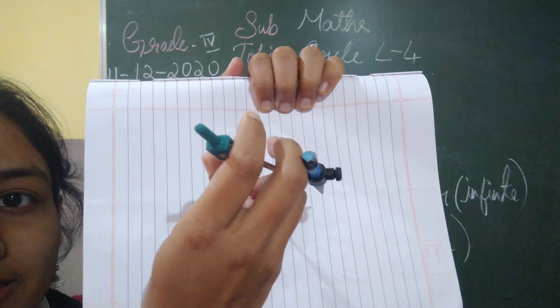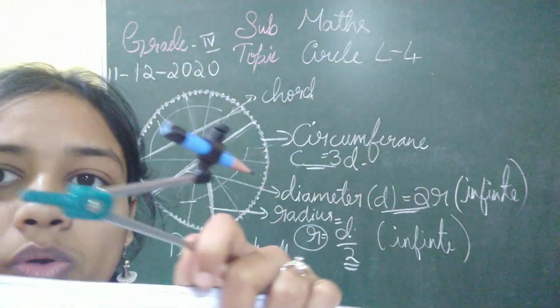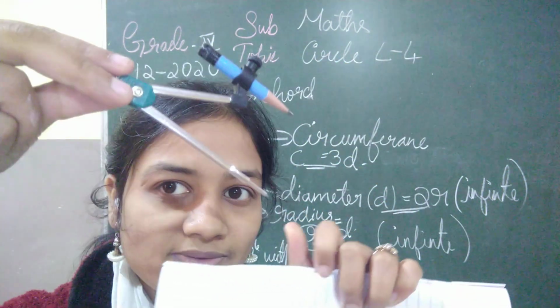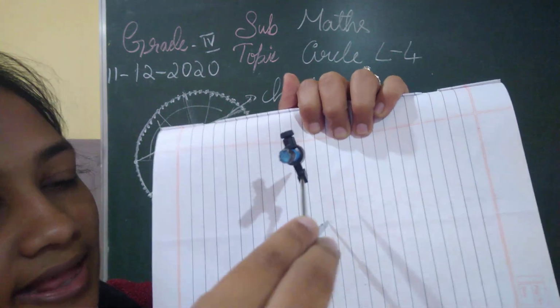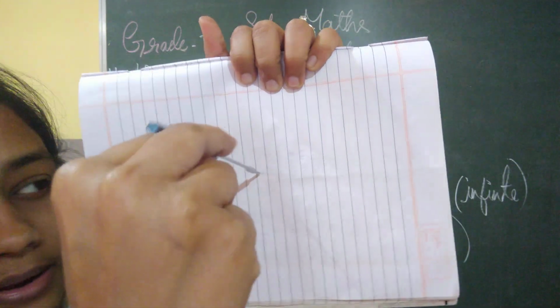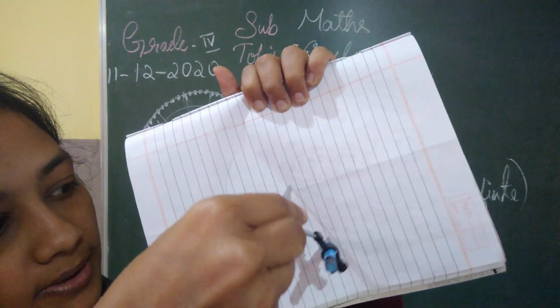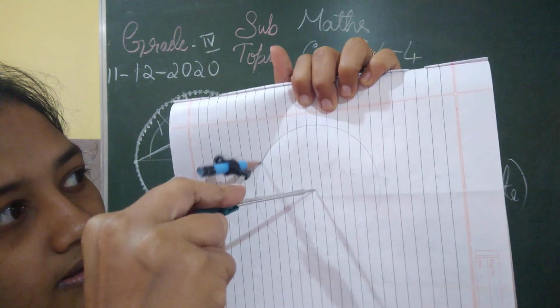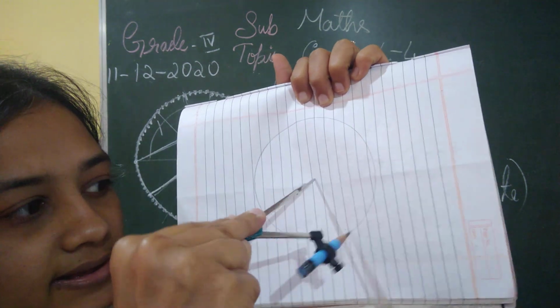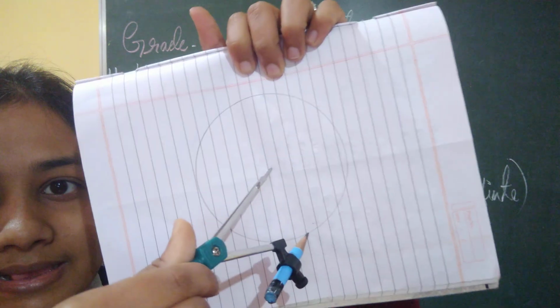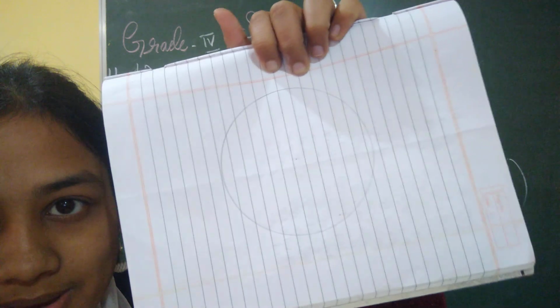I am not holding it like this. I have to hold the top with my fingers like this, and then keep the needle here and draw the circle. You just rotate this compass in all directions. You will get a circle. So this circle is the 5 centimeter circle.